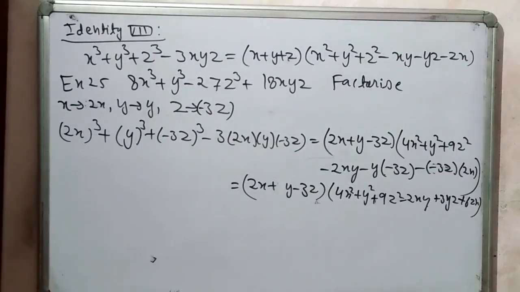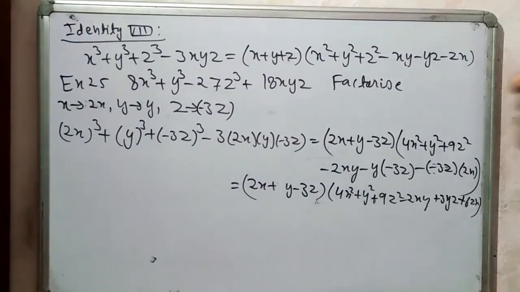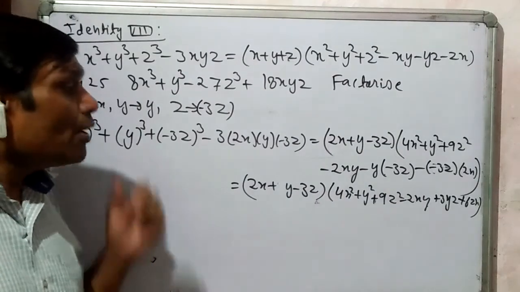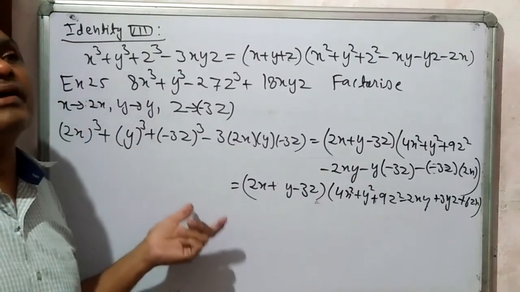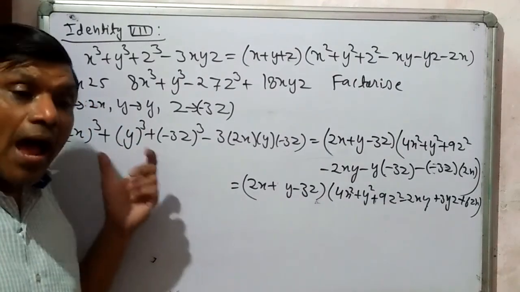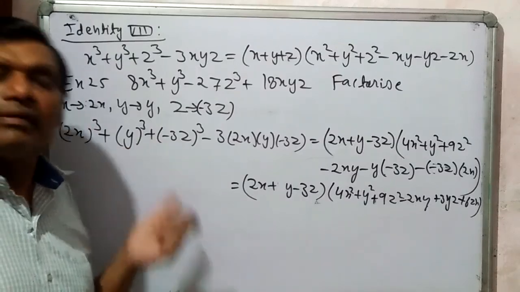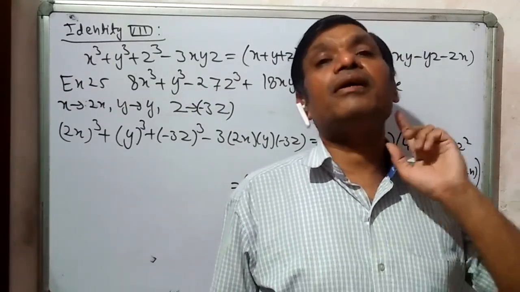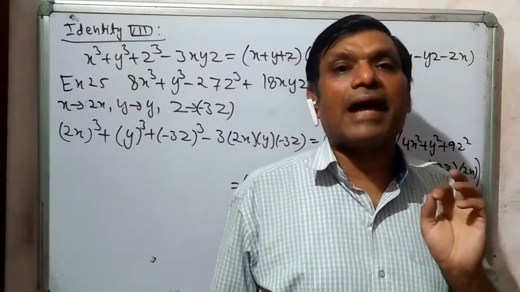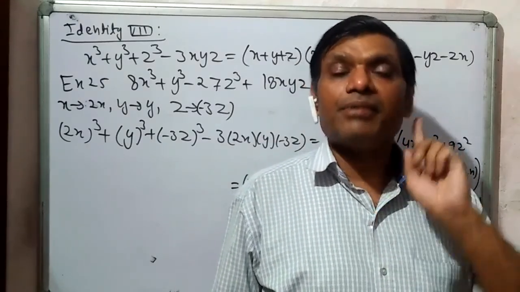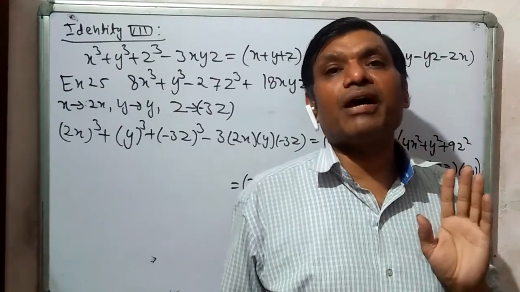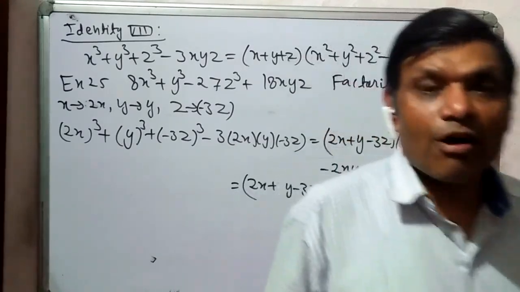That should be the factorization of this particular term. So students, I am sure all these 8 identities are very clear to you. You have to memorize all the 8 identities very particularly and try to remember the difference in the number of terms and the degrees of the terms so that you are able to identify them in the particular questions. In the next video, we will be doing our exercise 2.5 of NCERT.